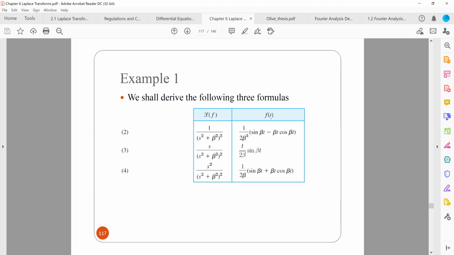I hope you've had the chance to look at formula 3 here. You have s over (s squared plus beta squared), then the square of that.